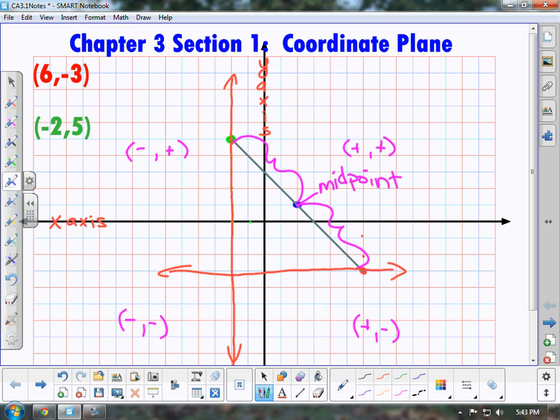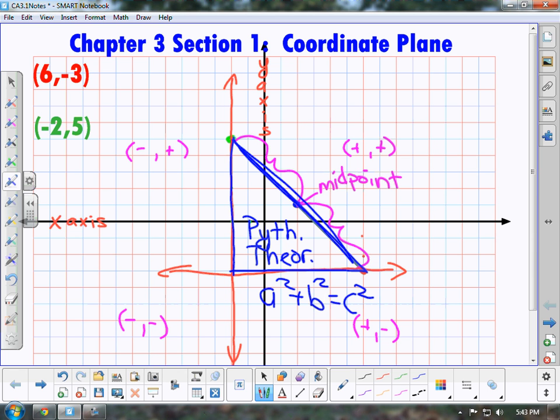And what happens when you draw those 2 lines in is you form yourself a right triangle. And then you can use the Pythagorean theorem, which says that a squared plus b squared equals c squared. This being c, this being a, and that being b.